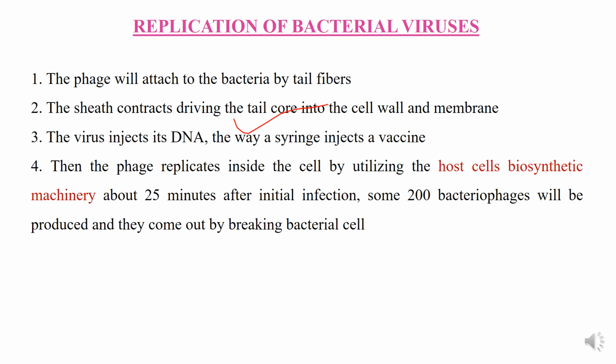Even in plants, viruses do the same thing and utilize the host cell's synthesizing machinery. After 25 minutes of the initial infection, nearly 200 bacteriophages will be produced, and they come out by breaking the bacterial cell, that is, lysis of the bacterial cell.